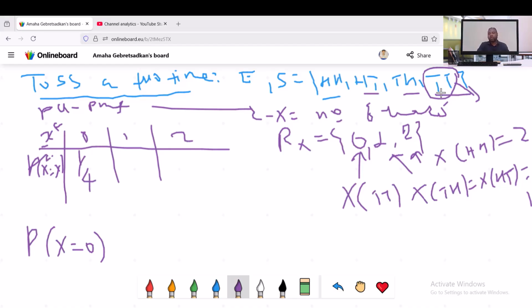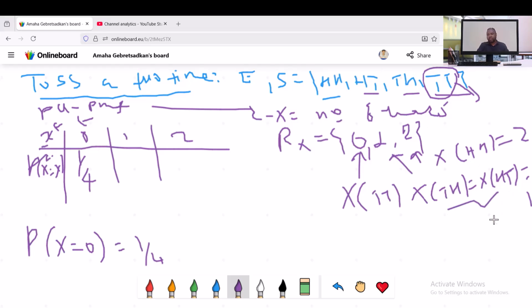Out of the total possible outcomes in our sample space, only one actual outcome yields numerical value 0. So 1 over 4 will be the probability for that possible value. And how many actual outcomes have the value 1? We have 2, TH and HT.